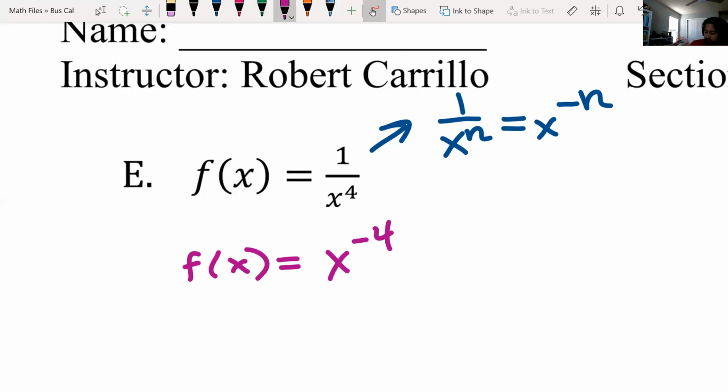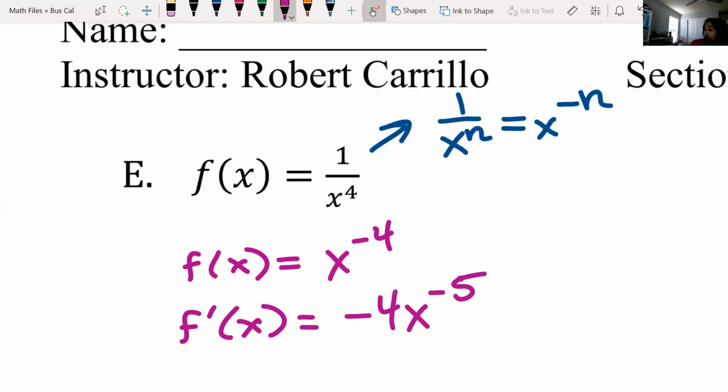So this means we can use the derivative now. And what is the derivative of x to the negative 4 going to be? Well, what number is coming down? Negative 4x to the negative 5th.